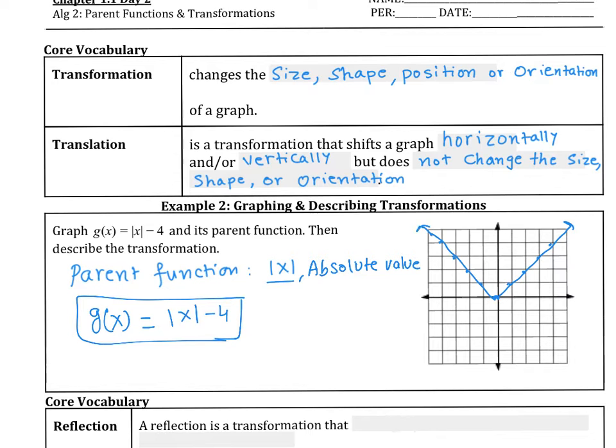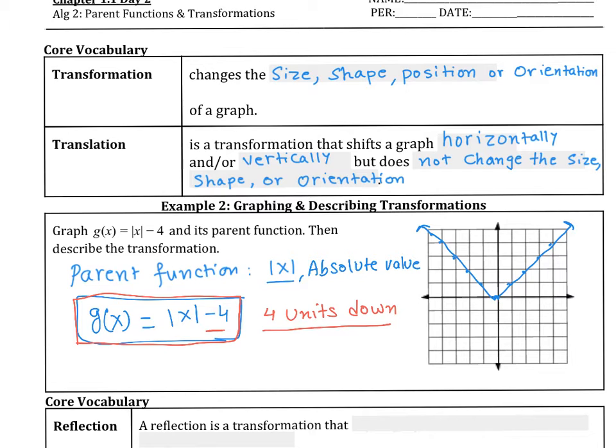Now let's look at the g(x), which is a transformation function for the absolute value. So we're going to graph this function in red color. So the minus 4 means that we are going to move the graph 4 units down. We are going to apply the same characteristics but moving the graph 4 units down.